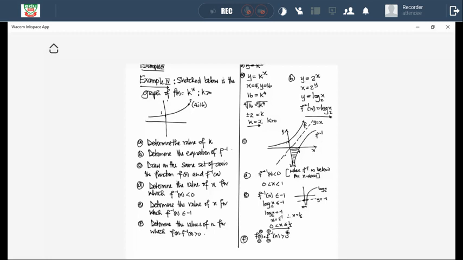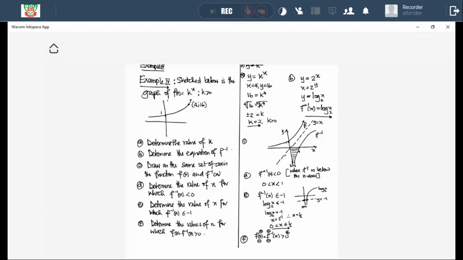So I'm looking for where the graphs are both above. Remember, positive on f of x means above the x-axis. Positive on f inverse means above the x-axis. Negative means below. So I'm looking for where the two graphs are either both above or both below. If you go back to your functions there, you realize that from negative infinity right up to x equal to 0, it's only the exponential function which exists.